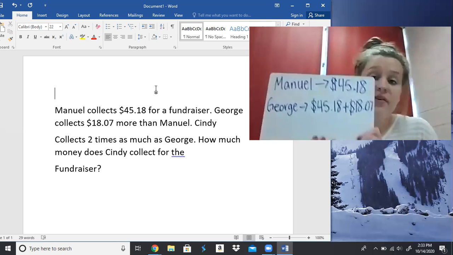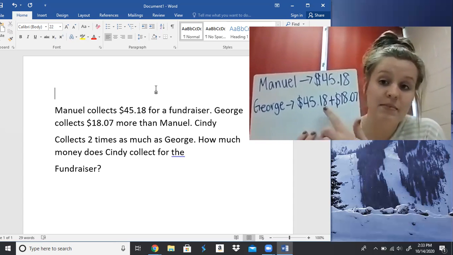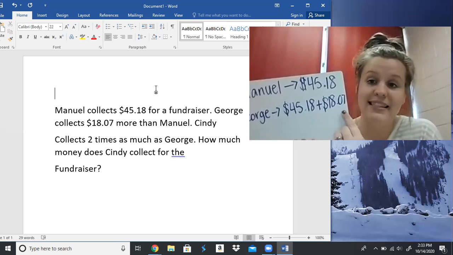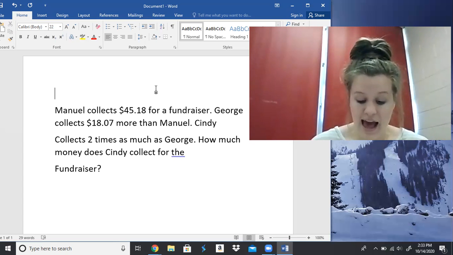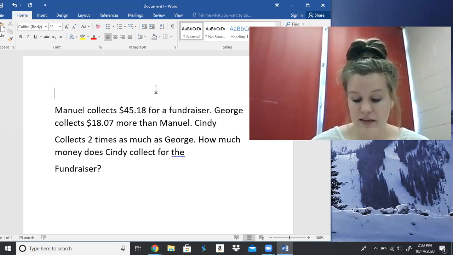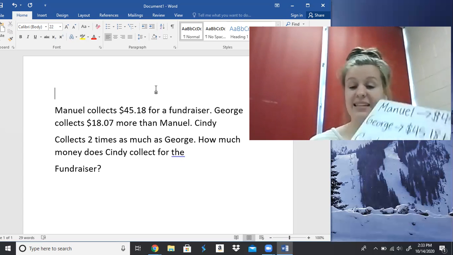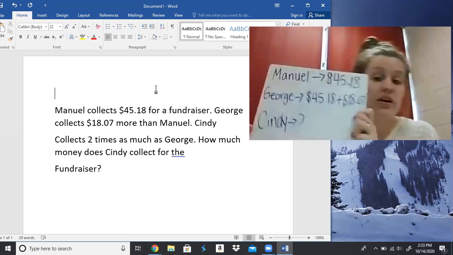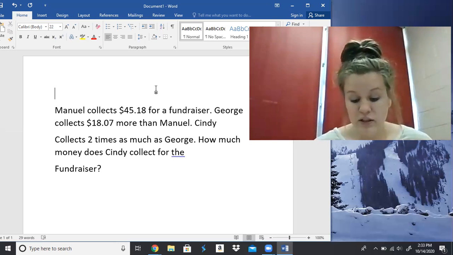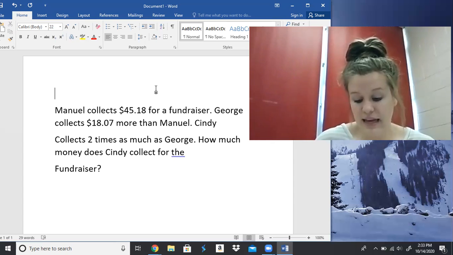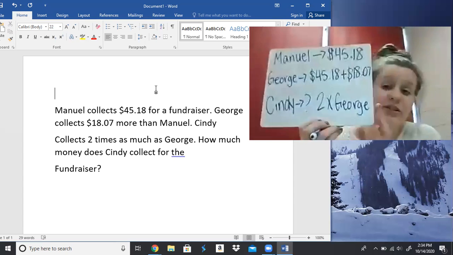So we have $45.18 plus $18.07. Now, our end goal is to find out how much Cindy collected, right? That's our big question we're trying to answer. Well, it says she collected 2 times more than George, right? So we're going to have 2 times the amount that George collects.